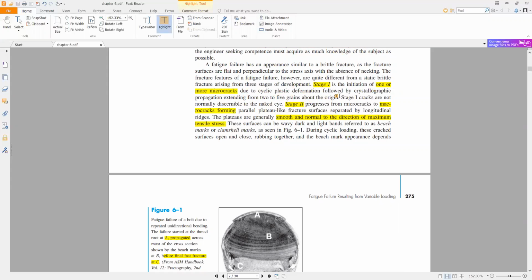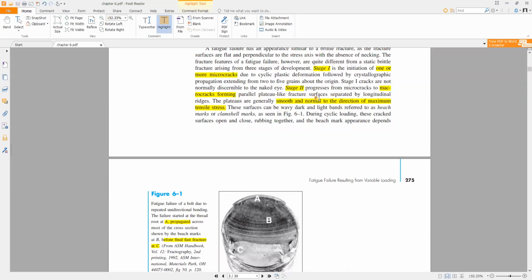This is still stage one. In stage two, the micro cracks form parallel fractures. The cracks start to grow bigger, smooth and normal to the direction of the maximum tensile stress.